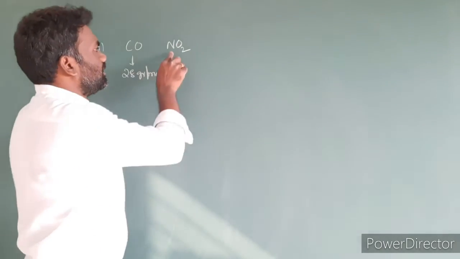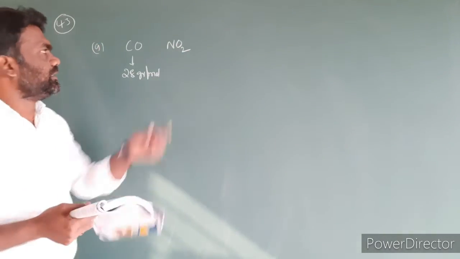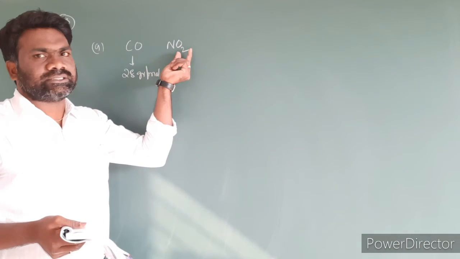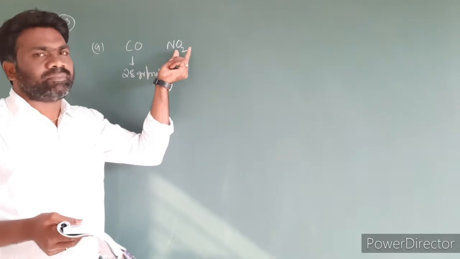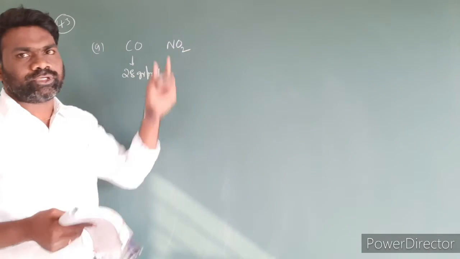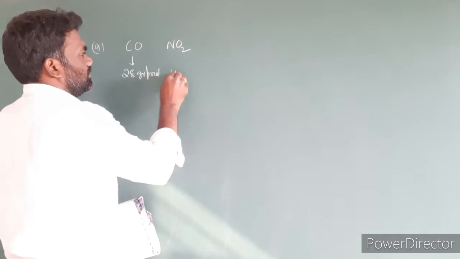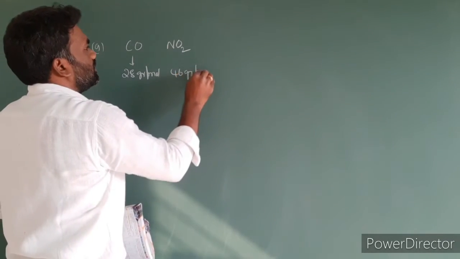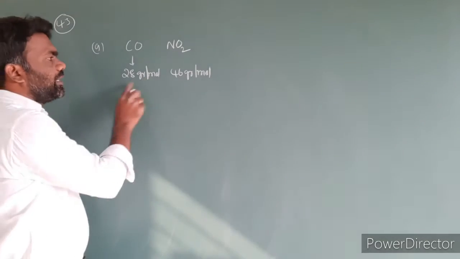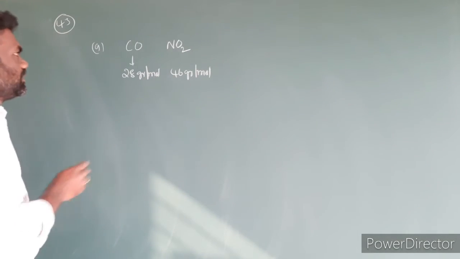Next, the molecular mass of nitrogen dioxide: nitrogen is 14, oxygen is 16, two oxygens is 32, so 32 plus 14 gives 46 gram per mole. Both have different molecular masses. This is not the correct option.